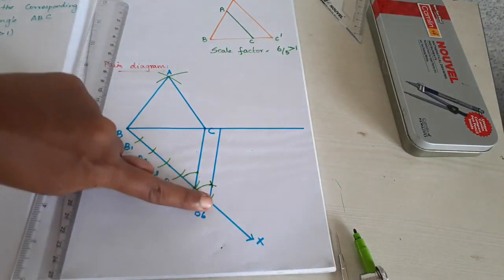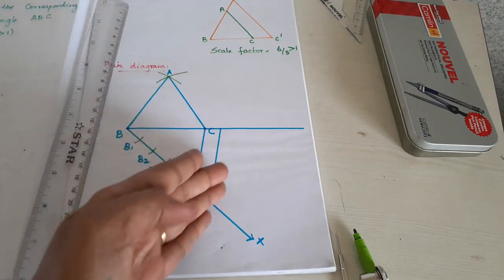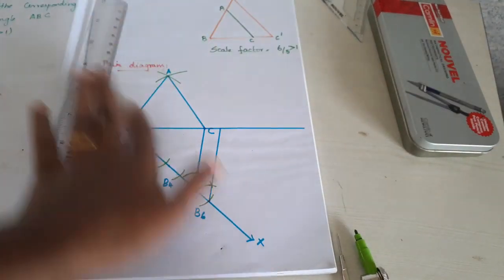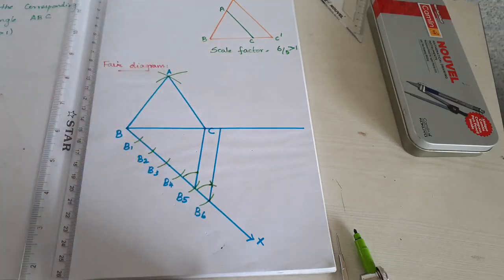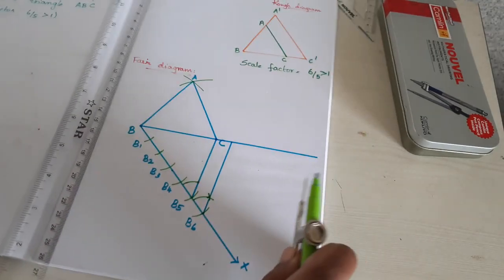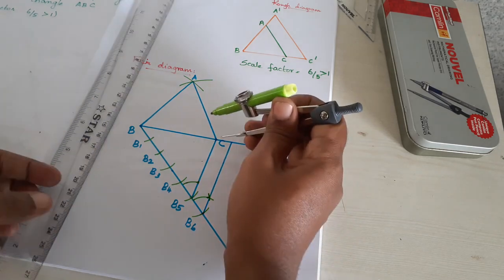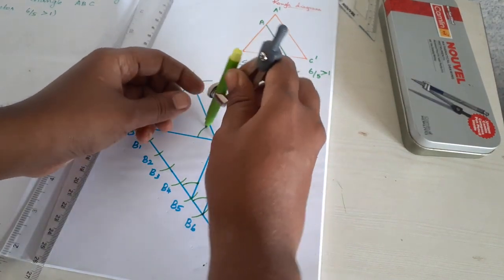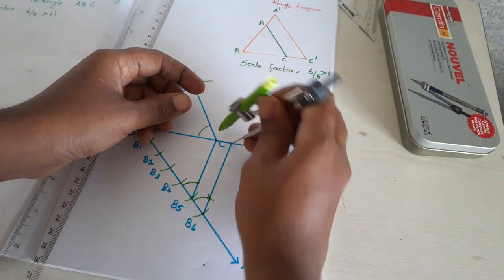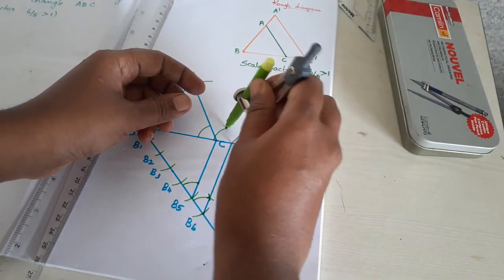Okay, students, see, the same line we are getting now. If you are getting a line like this, that is wrong. If you are getting a shape like this, wrong. The same shape we need to get. That's why. Okay. Then up here, you need to take one small arc. And with that measurement, we need to get the previous one. Okay.